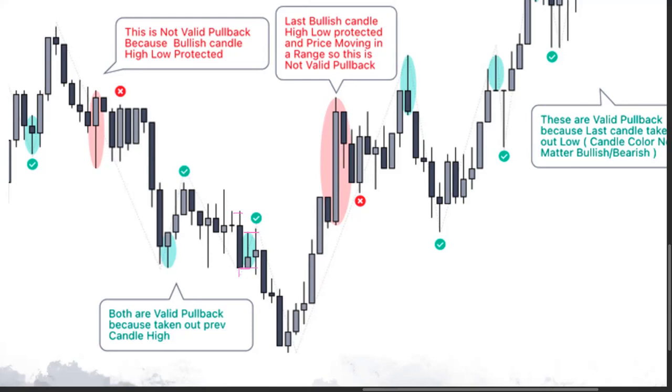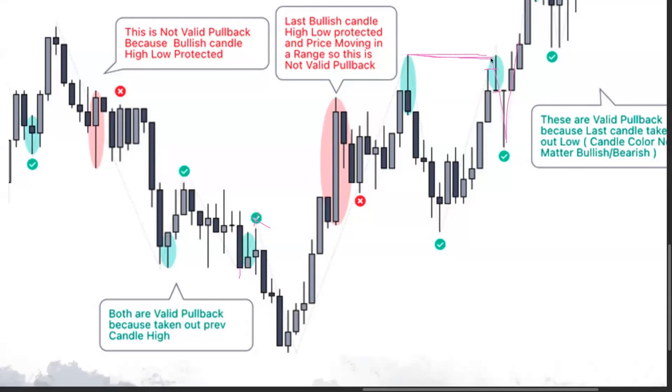No, this is not an inside bar. If this candle's low is here like this, then this becomes an inside bar and this is invalid, correct? And the same story is here. Pullback, break this low, go higher. Looks equal.